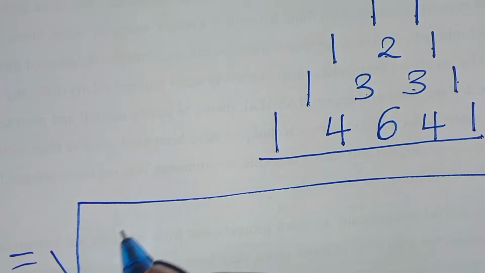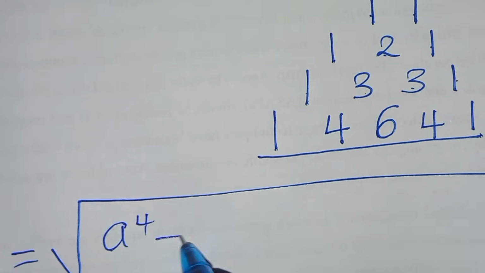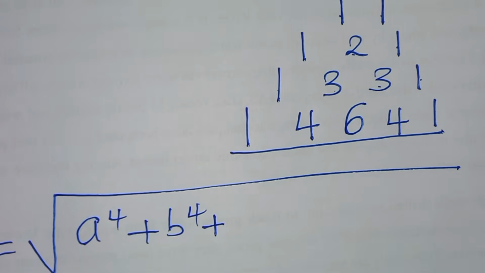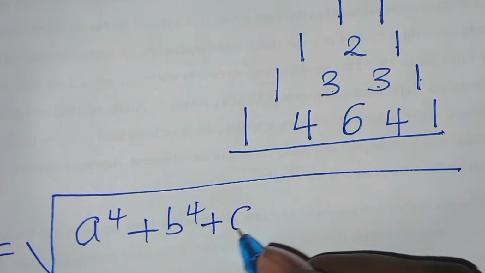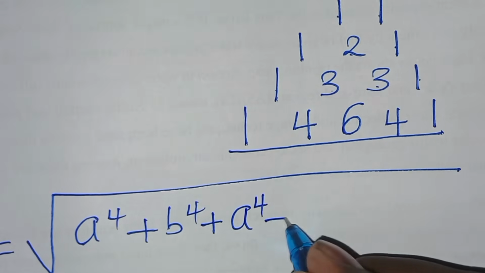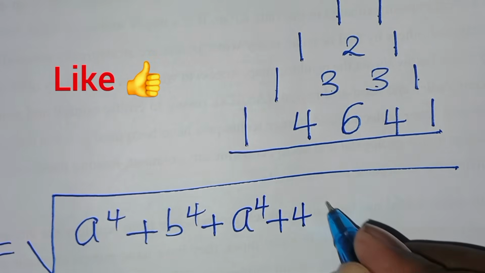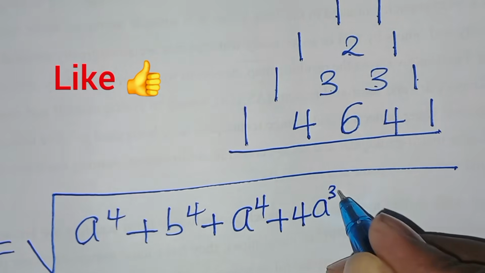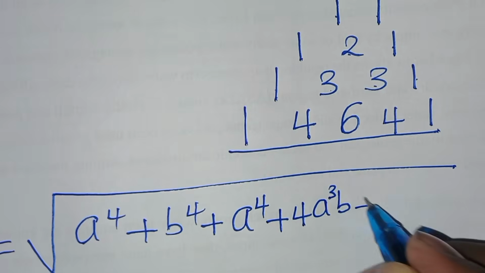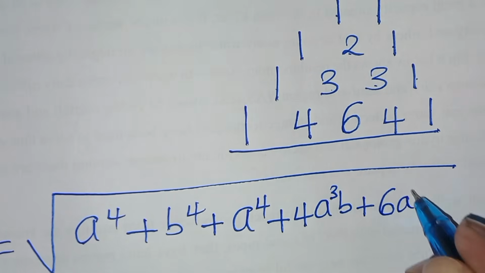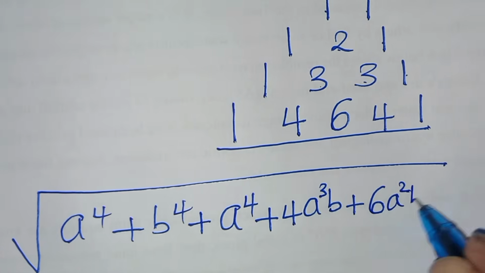now this will be the square root of A to power 4 plus B to power 4, then plus, here we're going to have A to power 4, then plus 4 A to power 3 multiplied by B, then plus 6 A to power 2, B to power 2.